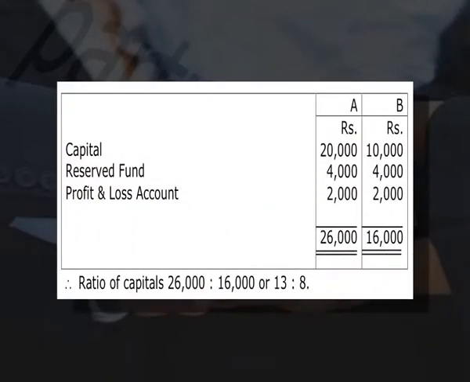It is important to note here that deficiency has been divided in proportion to capitals which stood before the date of dissolution. Thus, the ratio of capitals is 26,000 is to 16,000 or 13 is to 8.